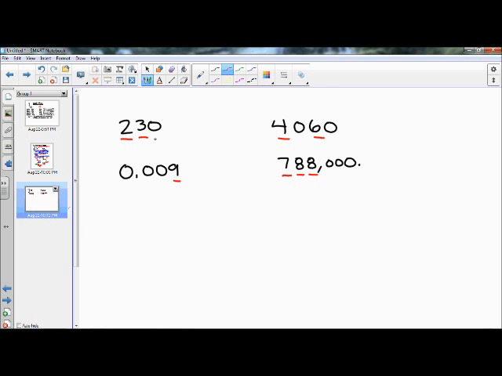Okay, this zero is at the end. So if the zero is at the end, we look for the presence of a decimal point. There's no decimal. So this one is a no. Okay, let's go to the next number over here. Okay, this zero is in between the 4 and the 6. This is a sandwich zero. Sandwiches always count. This zero is at the end.